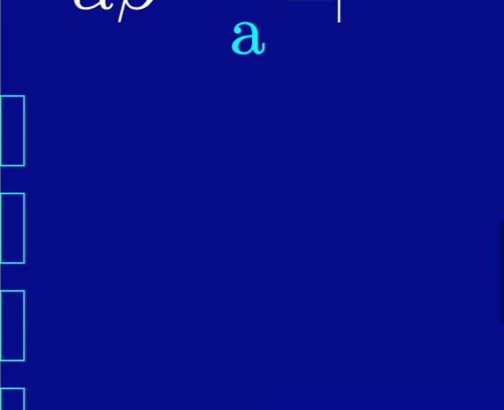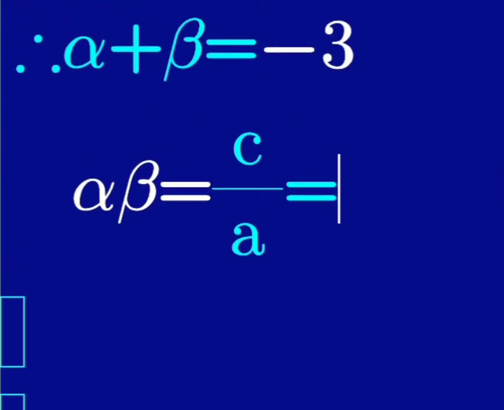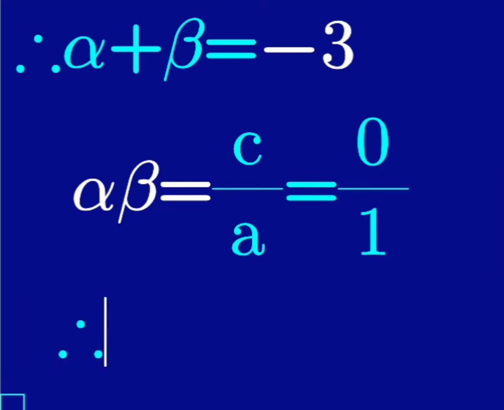So we are substituting in the formula, we get 0 by 1. 0 by 1 is 0. Therefore, the product of the roots alpha into beta is equal to 0.